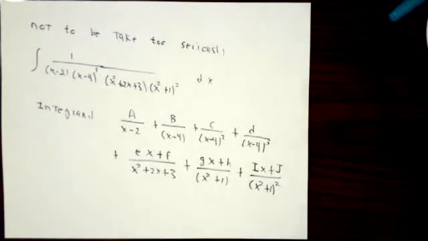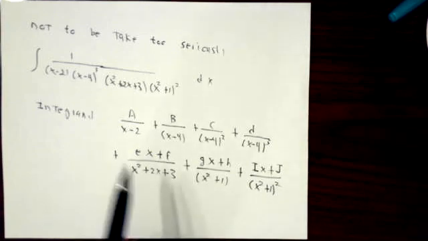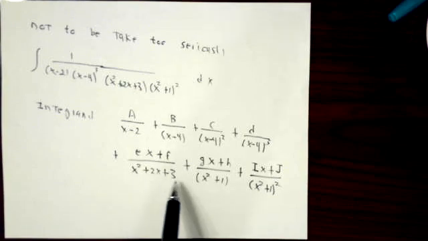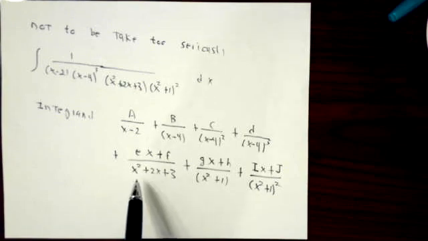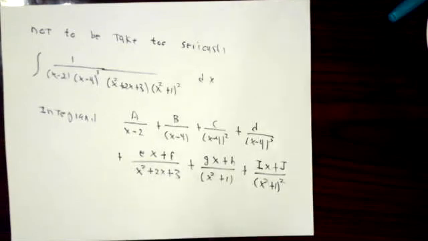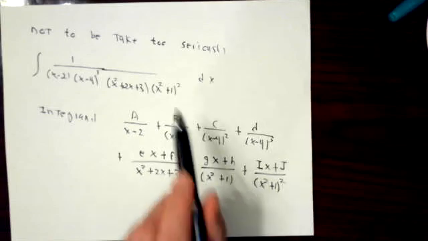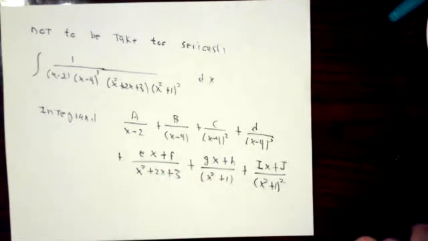This x squared plus 2x plus 3 has no real roots, which means you can't split it up into real linear factors. You would have to have x squared plus 2x plus 3 on the bottom and a linear factor on top, Ex plus F. X squared plus 1 doesn't have any real roots, so x squared plus 1 is an irreducible quadratic factor. But worse than that, I've got 2 of them.